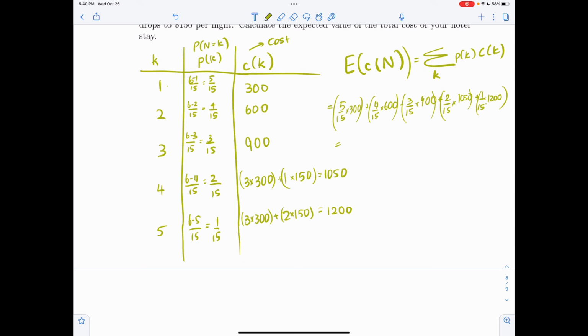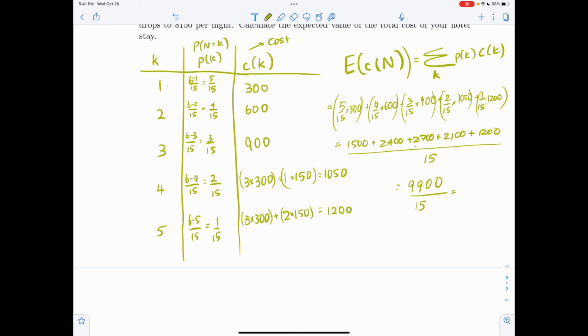Put that all together: 1,500 plus 2,400 is 3,900, and then adding the remaining terms gives 66, 87, 0.